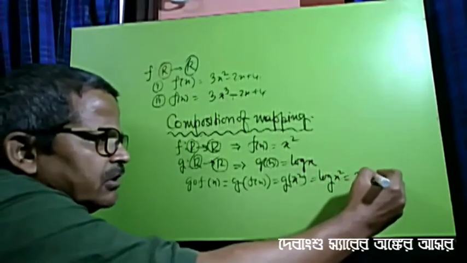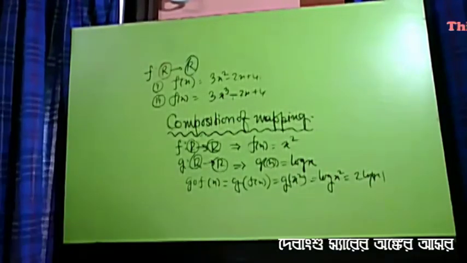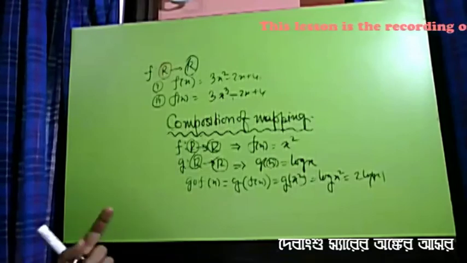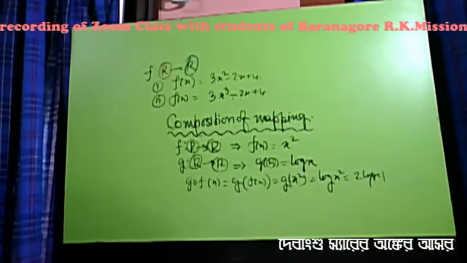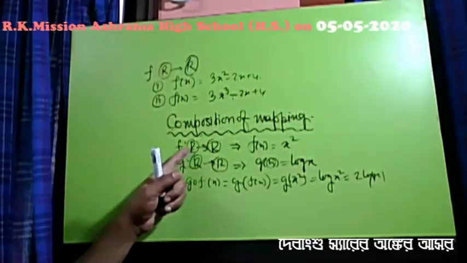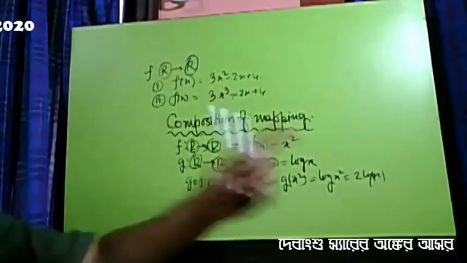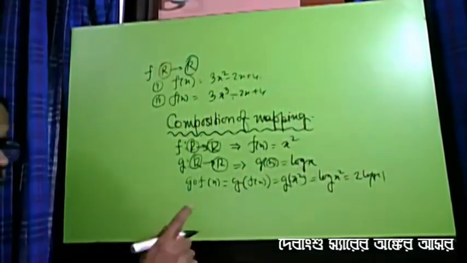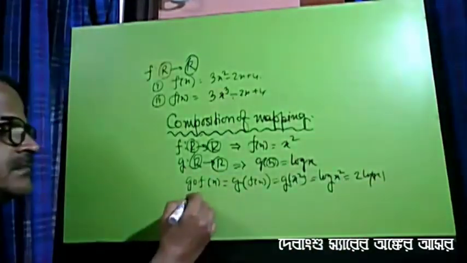That is 2 log mod x. Don't write 2 log x. Log of x square is 2 log mod x, not 2 log x, because x belongs to R, so x may be negative. In that case, if you write 2 log x, then it may be undefined. Be cautious. This must be mod x.